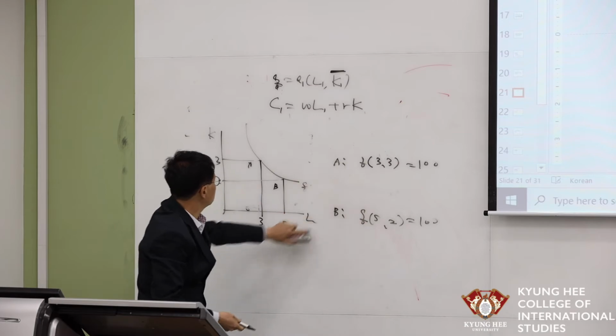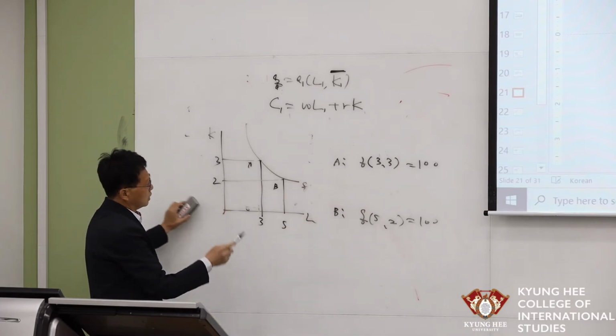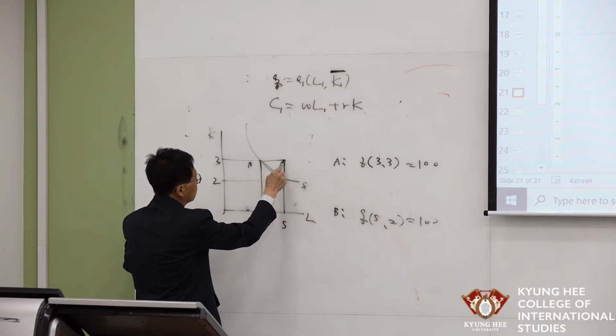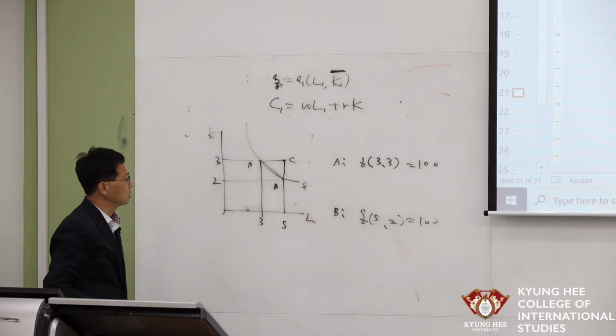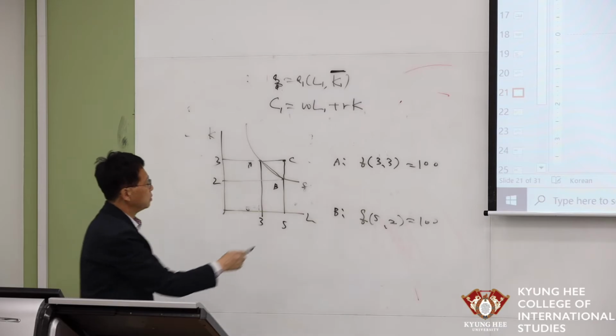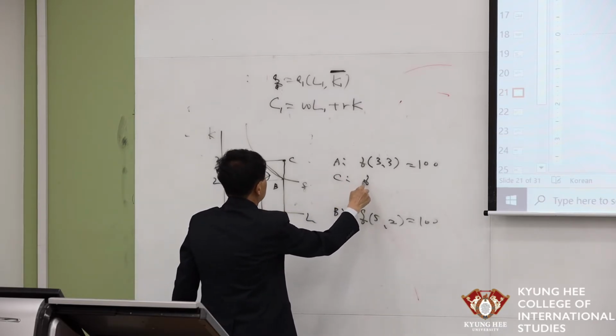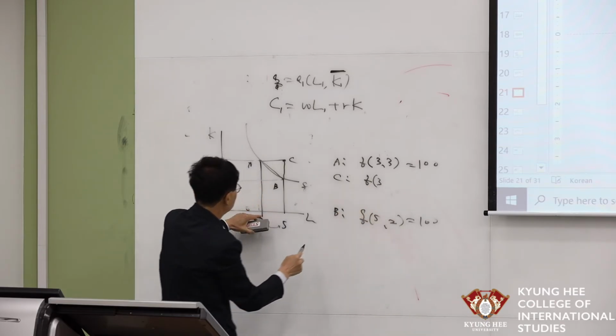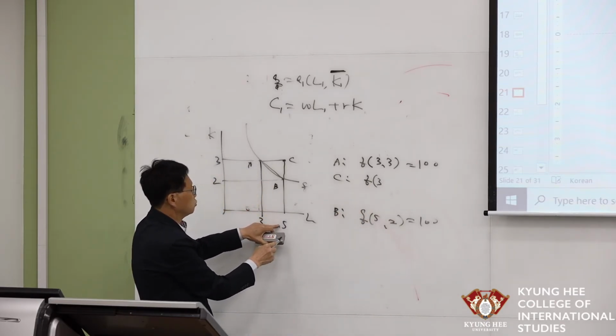Right? So then we can make this kind of triangle. Right? Now we say this is a point C. What is point C? Point C means you hire 5 labor, 3 labor and 2 more labor.